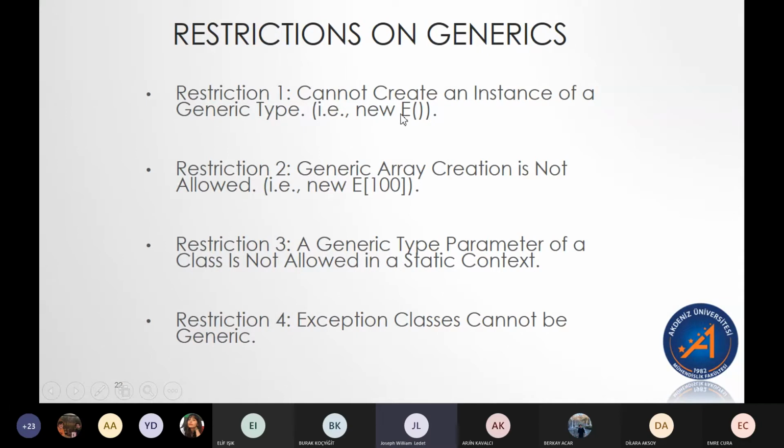So you can't create a new E. There's no concrete E class. We also can't create an array of E objects. One more, exception classes cannot be generic, so we can't create a generic exception class. It would be nice, but we can't do it.